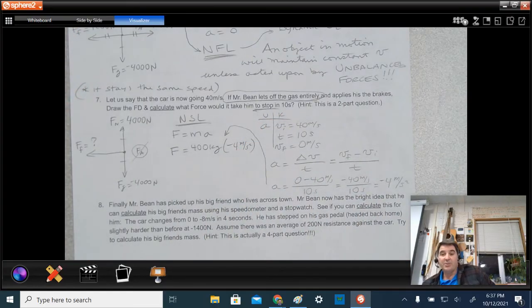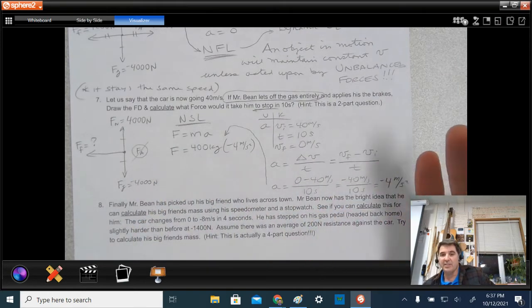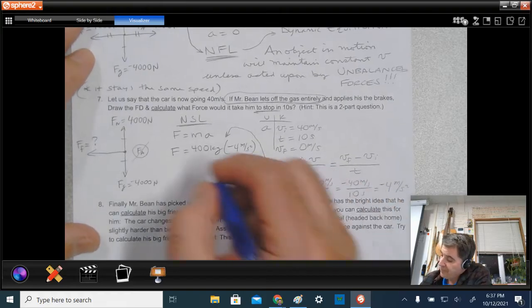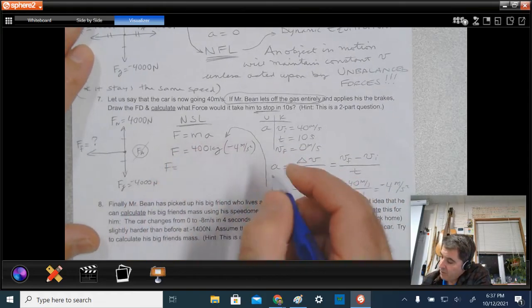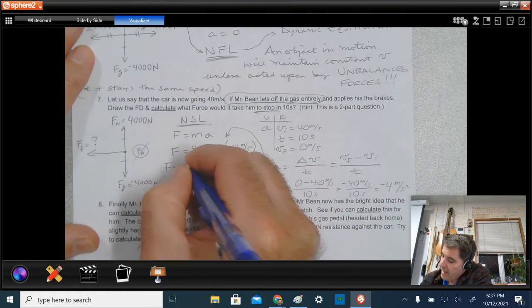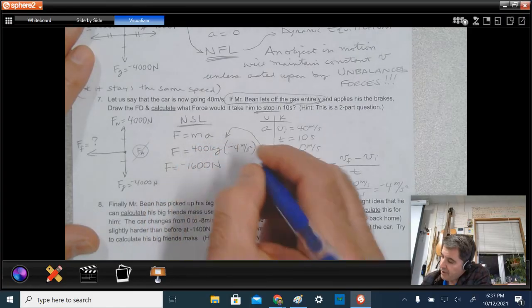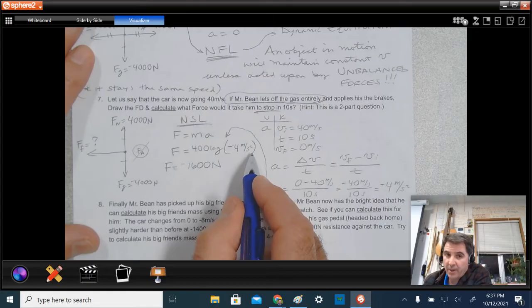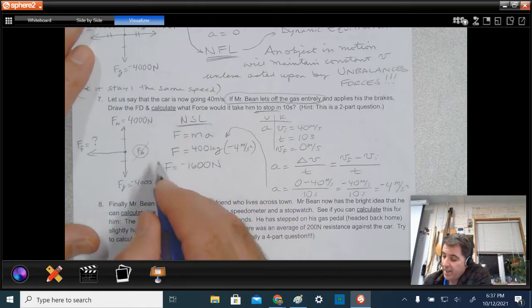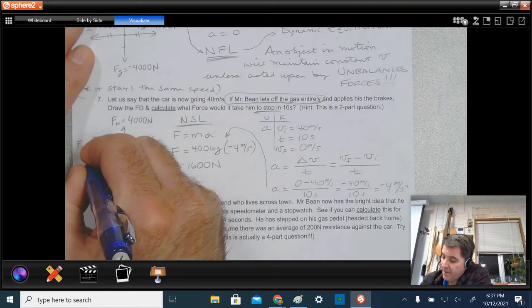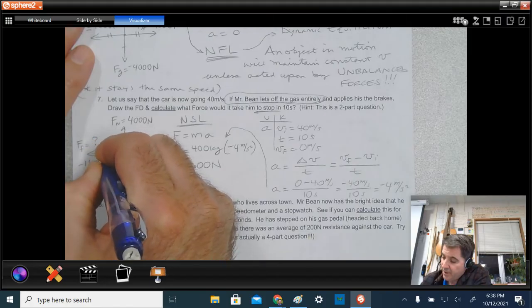So that's a two-step problem. You can't do this first. You've got to do that first. And that's a little bit difficult, right? So F equals a negative 1,600 newtons. I know it's kilogram meter per second squared, but you also know it's a force. And so this would be a negative 1,600 newtons.